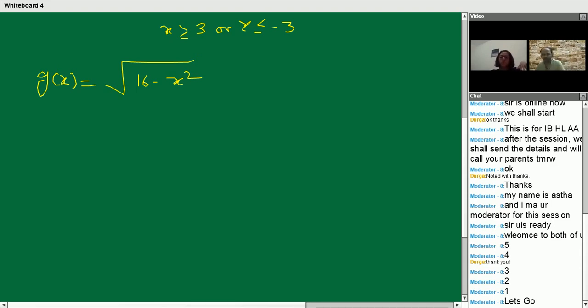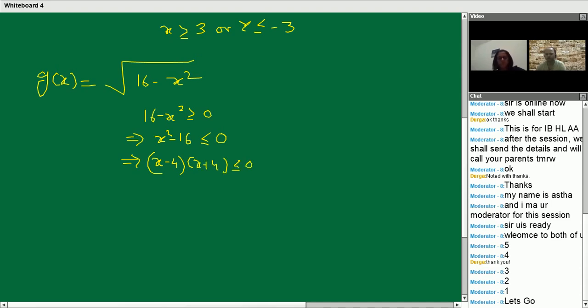It says 16 minus x squared should be greater than or equal to 0. If we multiply each side by negative, it becomes x squared minus 16 less than or equal to 0. Isn't it?